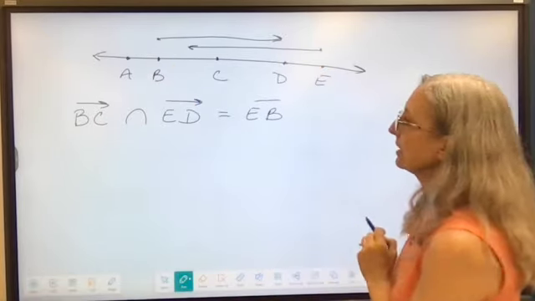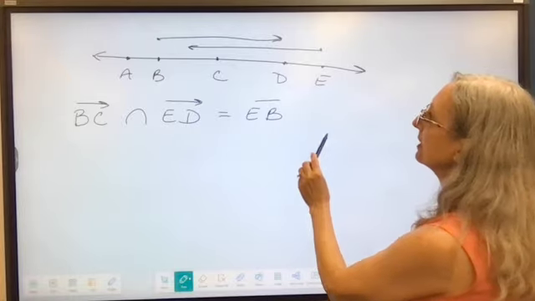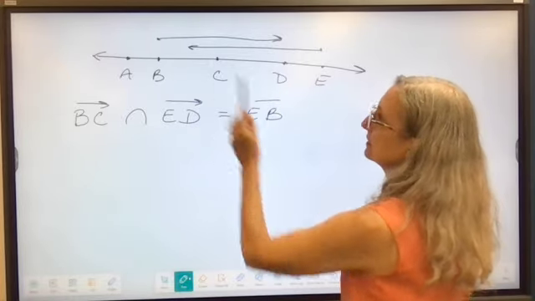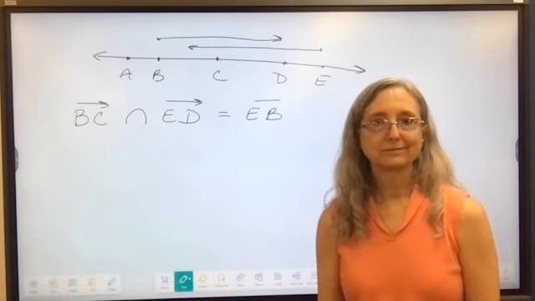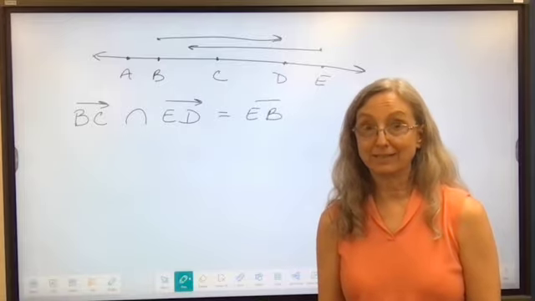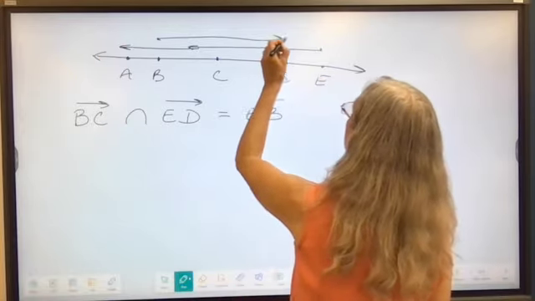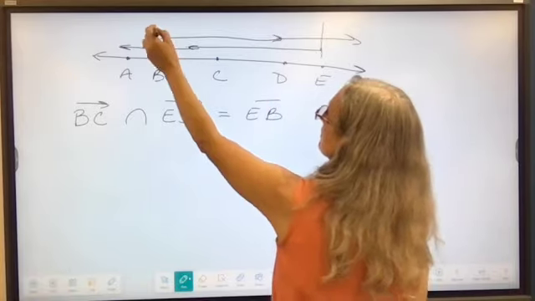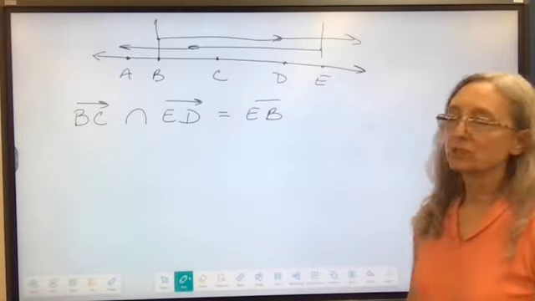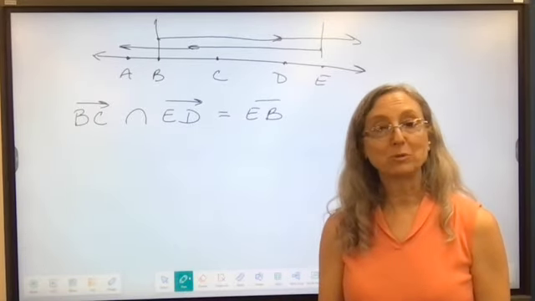And is that intersection segment EB? What do you think? It is, yes. So if we went ahead and drew these out, you could see that this is the part they have in common, which is segment EB. So that one is also true.